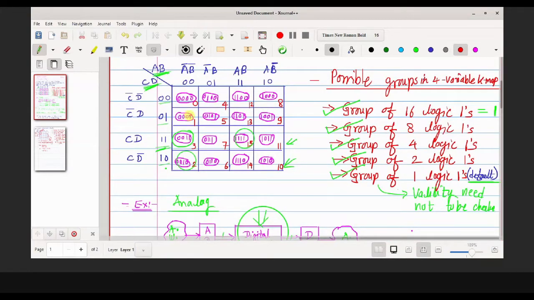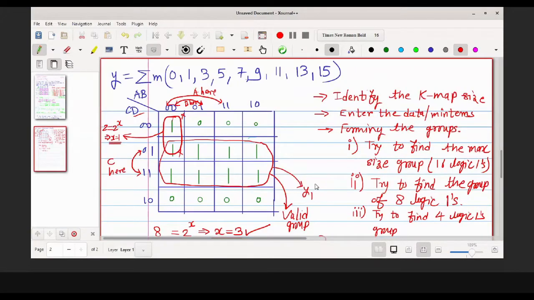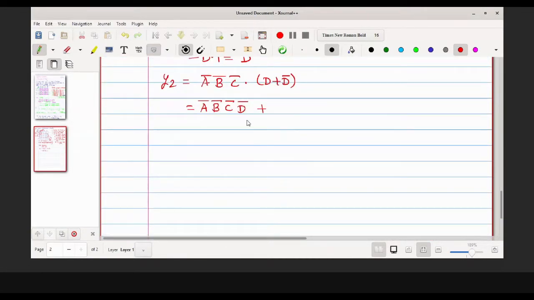The min term for cell number 1 is A bar, B bar, C bar, D. So that is what I am making use of. Plus A bar, B bar, C bar, D. So what I can do now is simply take out the common terms: A bar, B bar, C bar, and what remains is D bar plus D.